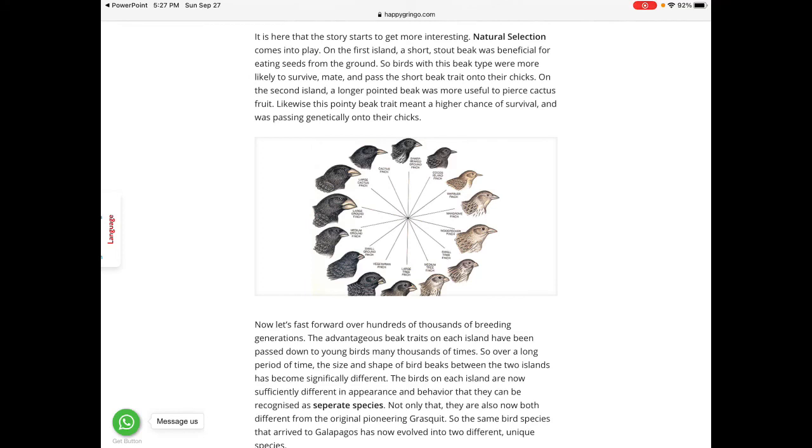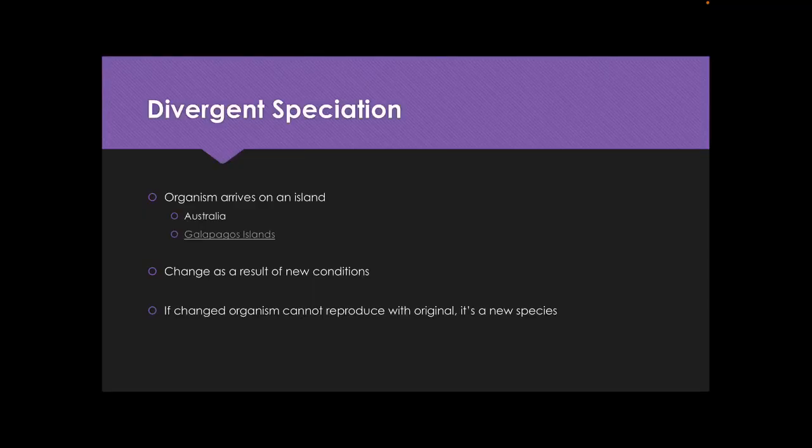And each finch slowly became a new species of finch as they adapted to the area on those islands where they survived. So these changes are a result of new conditions. And if the changed organism cannot reproduce with the original organism, it is by definition a new species.